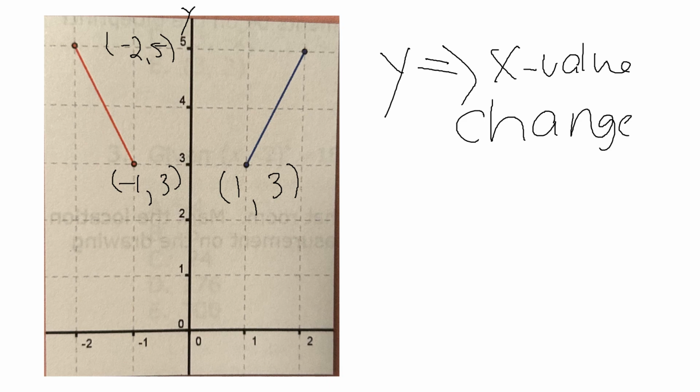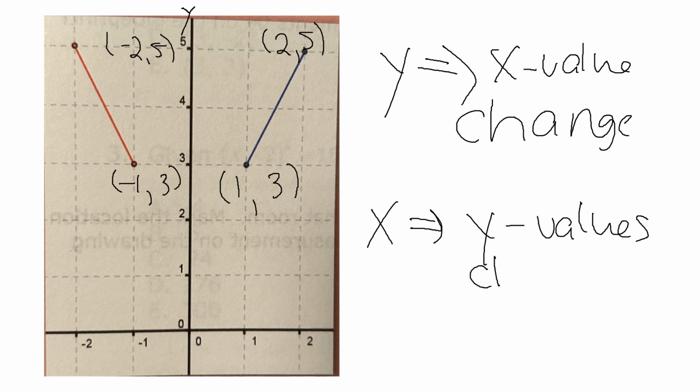My x is going to go from -2 to +2, but my y value stays the same. That is a flip or a reflection over the y-axis. If I wanted to flip it over the x-axis, the y values would change sign.